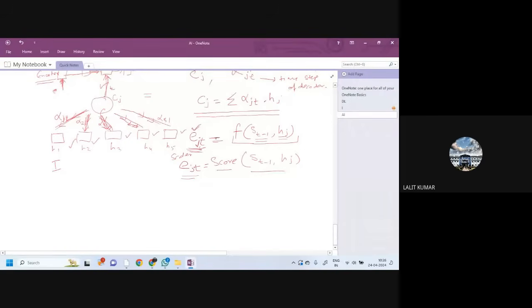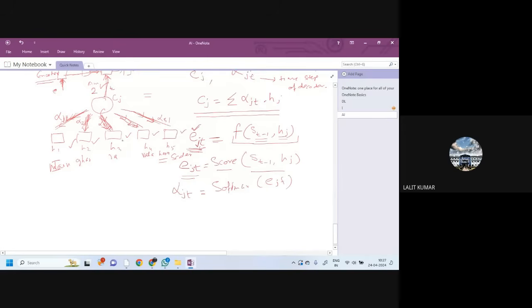So for example, at the tth time step of the decoder, for example, here is I am, मैं घर जा रहा हूँ. So at time step 2, where I'm getting output as am, this one will get the maximum. From these EJTs, which I have got for all the input words, I calculate alpha. Alpha JT is nothing but the softmax of EJT.